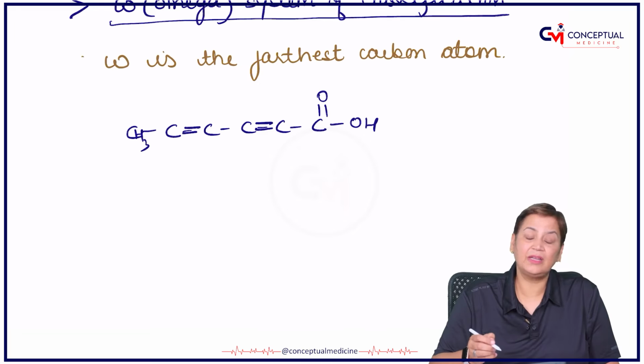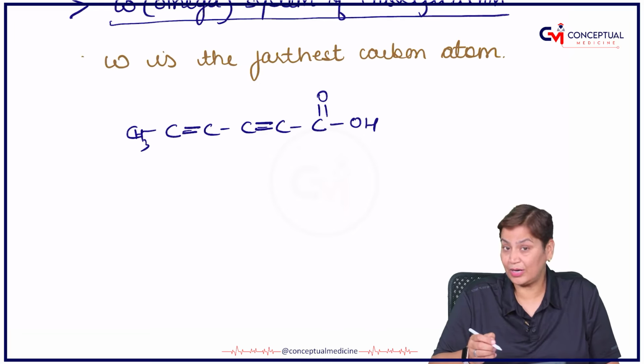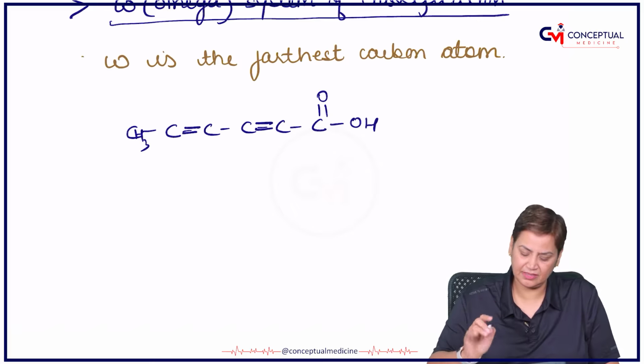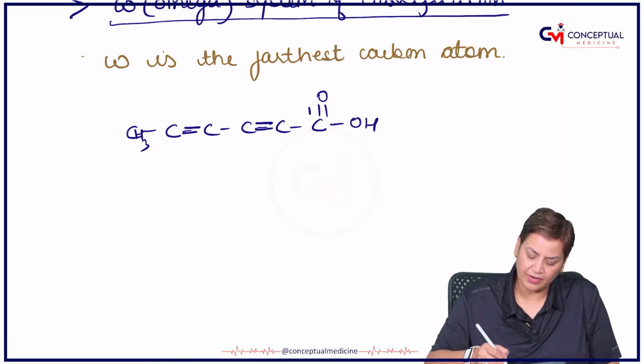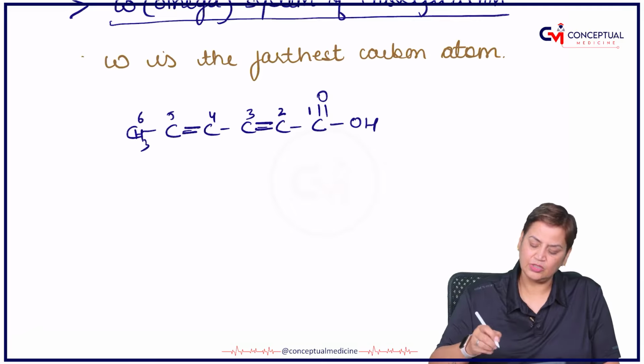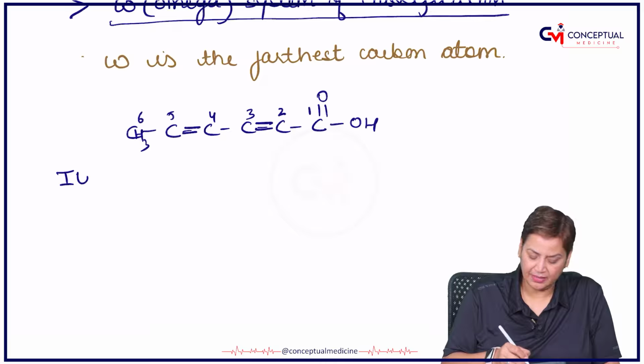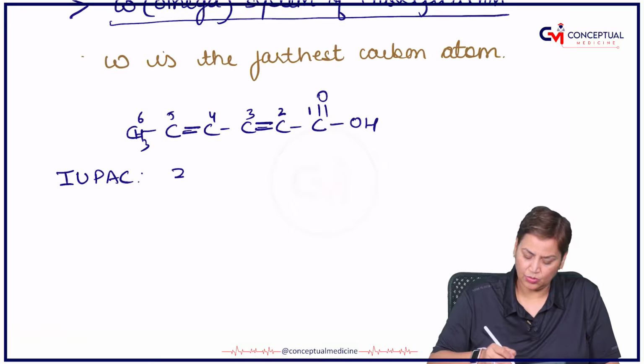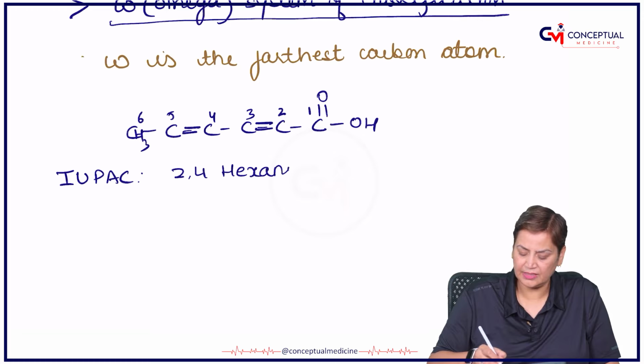Now, as per the International Union of Pure and Applied Chemistry, we always give the functional group preference. So the numbering is 1, 2, 3, 4, 5 and 6. As per IUPAC naming, this will be 2,4-hexadienoic acid.